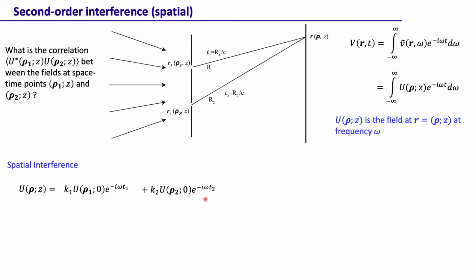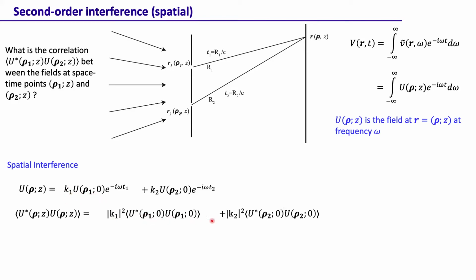So this is the field U(rho, z), and it has components from U(rho 1) and U(rho 2). Now if we look at the intensity at rho z, that is this quantity U star(rho, z) U(rho, z), and if we calculate it, we find that it has |K1| squared U star(rho 1) U(rho 1), |K2| squared U star(rho 2) U(rho 2), and then two cross terms. So we see the intensity at rho z has a component of intensity from rho 1, 0, a component of intensity from rho 2, 0, and then the cross term, which represents the field correlation between these two points.